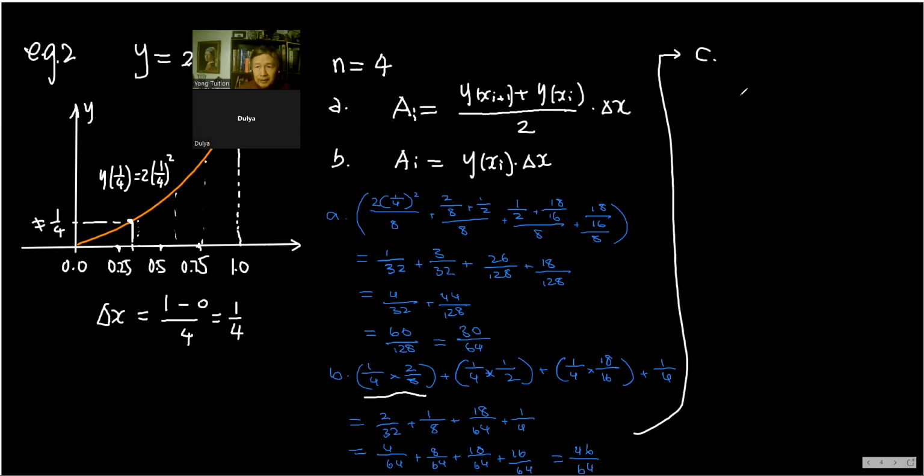Okay, finally, can we use this formula? So the area can be written as the integral from 0 to 1 of 2x squared dx. Do you want to try? Can you work out this definite integral?